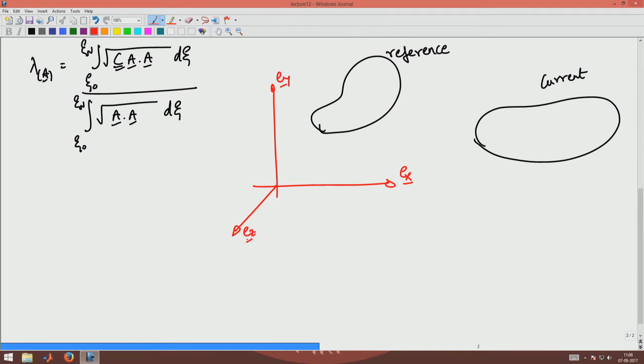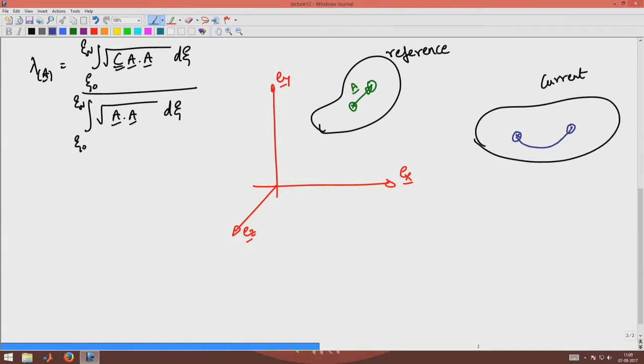Okay. In the reference configuration you have the straight line along the direction A. Okay. And we saw that this deforms into a curve between those 2 points, and it deforms like a curve like this.